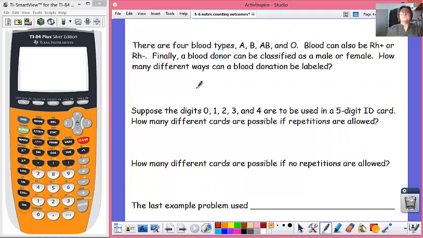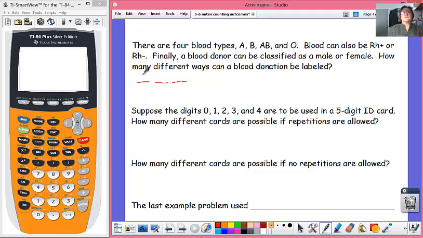There are 4 blood types, and they're listed here. Blood can also be Rh positive or negative, so 2 different Rh factors, and blood donors can be classified as male or female by gender. How many different ways can a blood donation be labeled? Well, this is a perfect place for that fundamental counting principle, because we've got 1, 2, 3 categories of stuff, so that makes this a 3-slot problem.